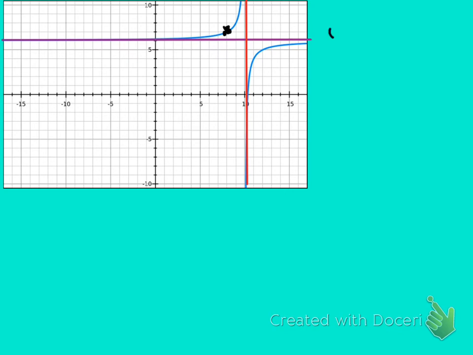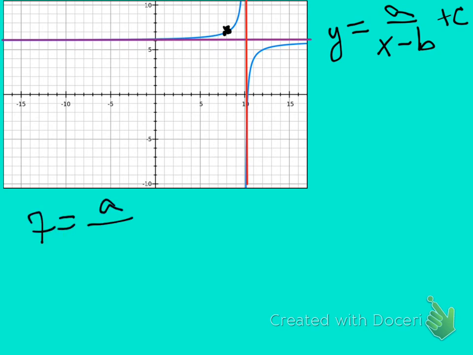8, 7. So I know we're doing y equals a divided by x minus b plus c. Going ahead and solving for the equation because I'm using the point 8, 7. This is going to be 7 equals a divided by 8 minus 10 plus 6.